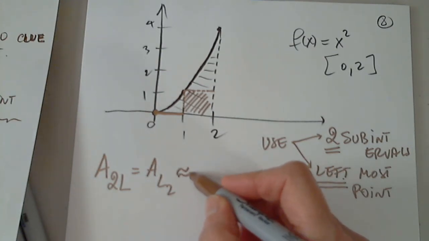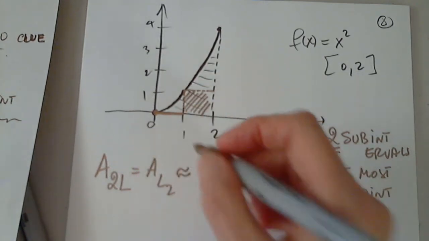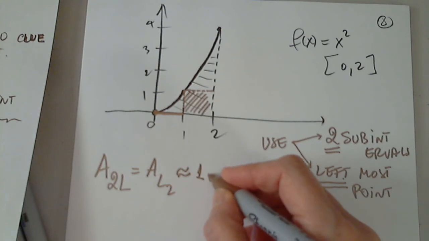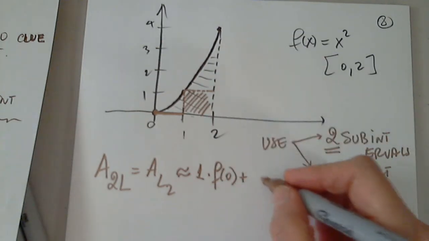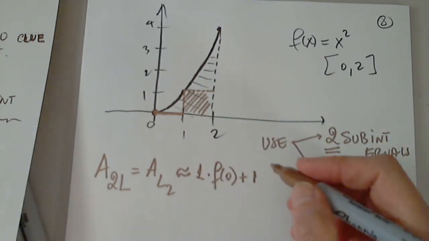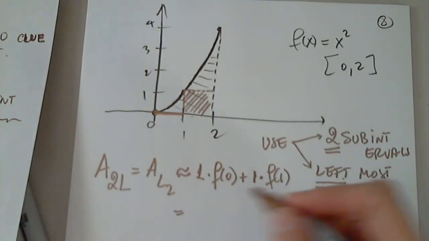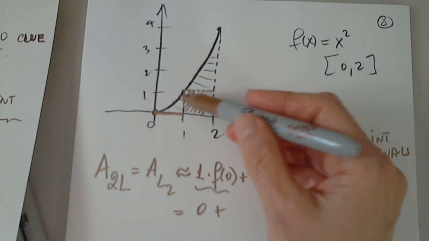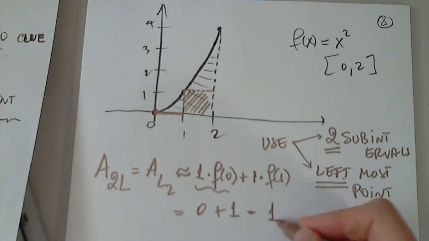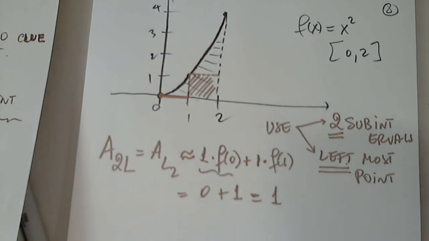This is approximately base times height, but the width of the base is 1, and the height is f of 0, plus the width of the interval, which is 1 again, of course, multiplied by the height, which is f of 1. My calculation, so f of 0 is 0, plus 1 times f of 1 is 1. So the approximate area using 2 subintervals with the leftmost point is 1.